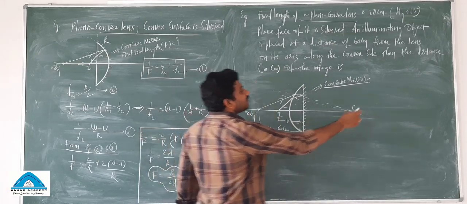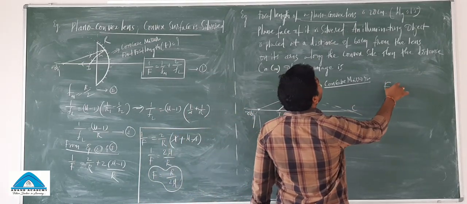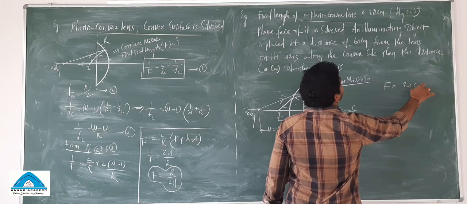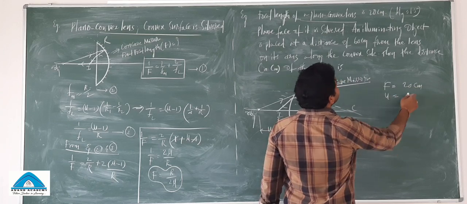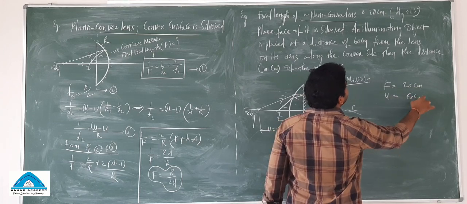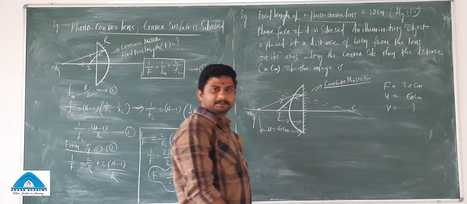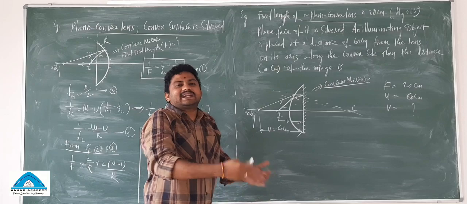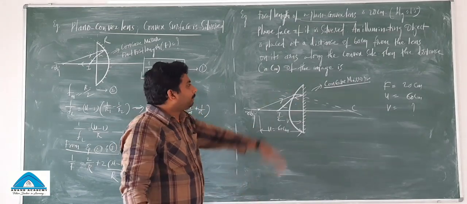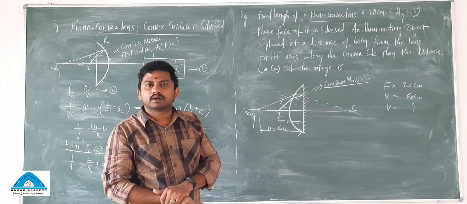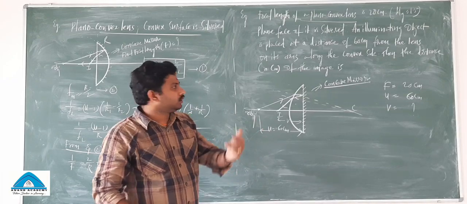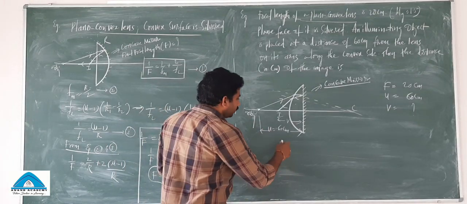You have focal length 20 centimeters. You have object distance 60 centimeters. You need to find the image distance. Can I use the mirror formula directly, because the complete setup is behaving as a mirror? I can directly use the mirror formula here.